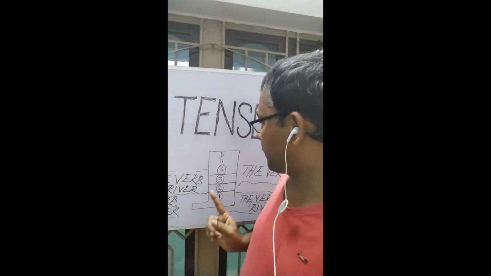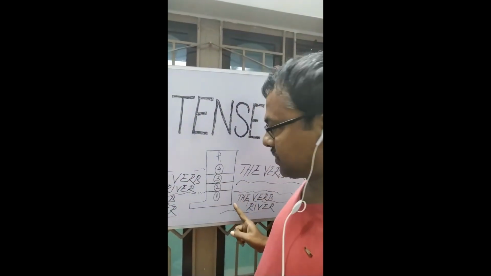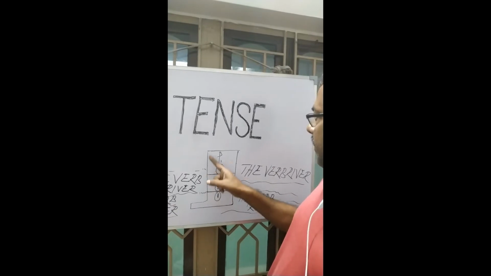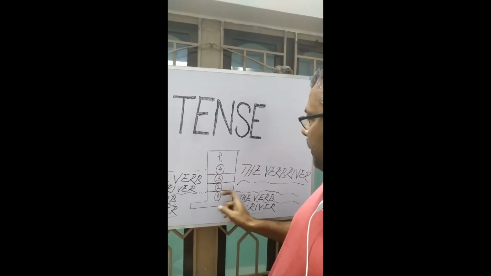A bridge is based on the river with the supports of a number of pillars constructed on the river. Now have a look at the whiteboard. I have already drawn the picture of a pillar on the river.